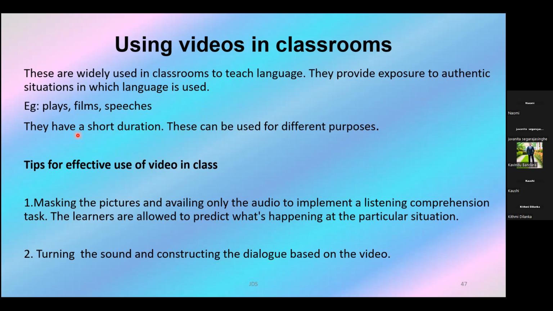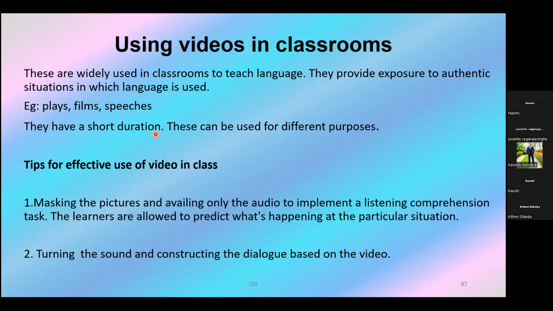They have a short duration. They can be used for different purposes. When selecting a video clip for teaching purposes, don't select a very lengthy clip. Try to minimize it, or set one that is around 6 to 9 minutes maximum.